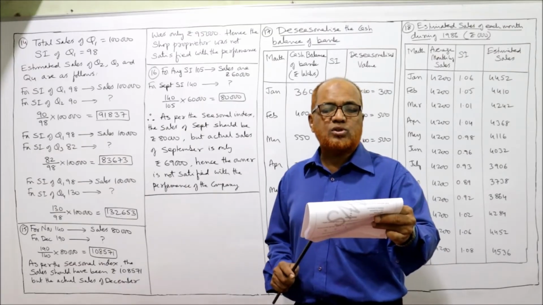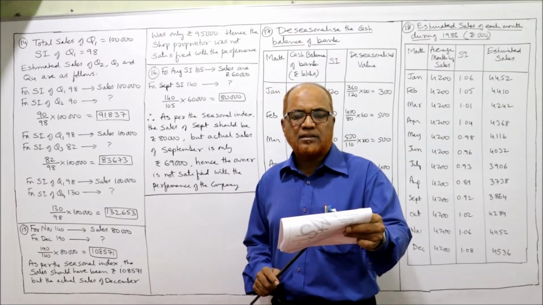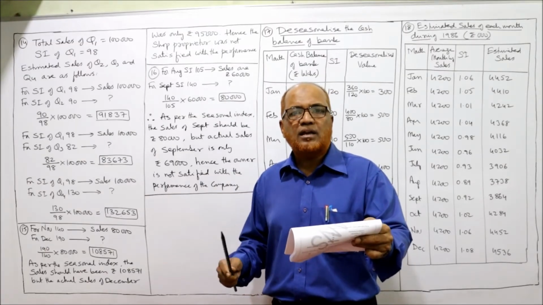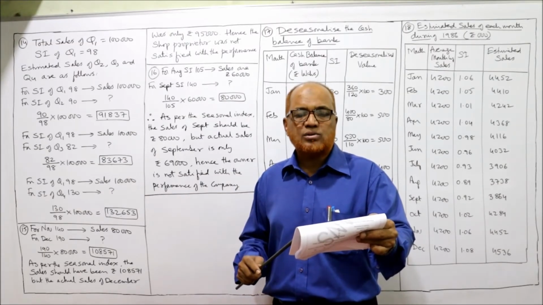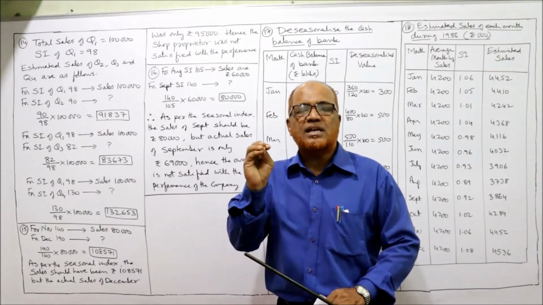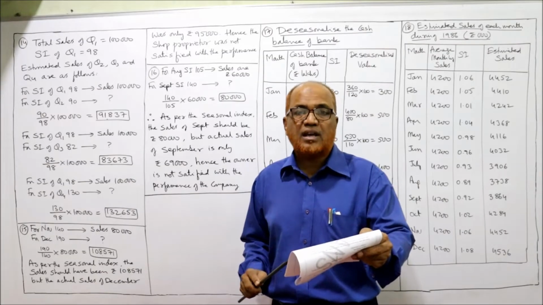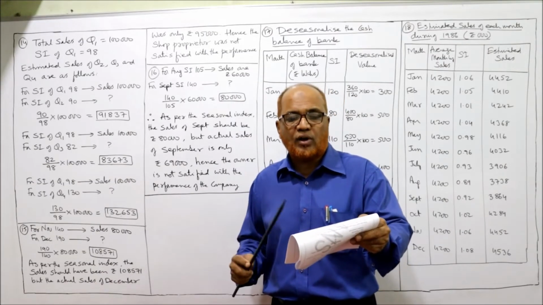The owner of the company was not at all satisfied with the rise of sale in the month of September by 9,000. August 60,000, September 69,000. Only 9,000 rupees sales have increased in the month of September, whereas the index number has increased from 105 to 140.